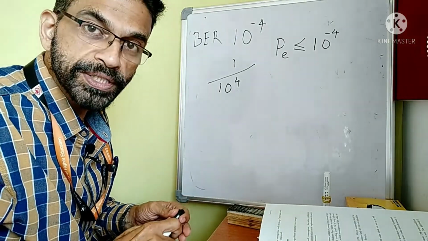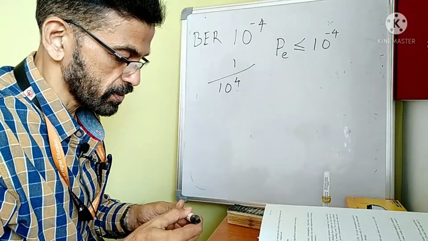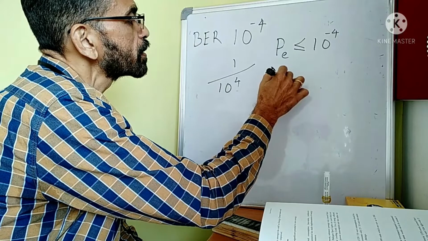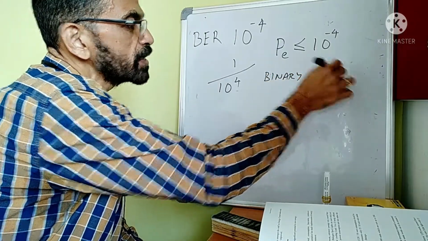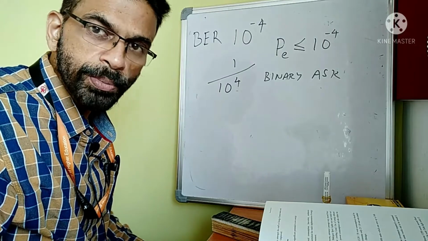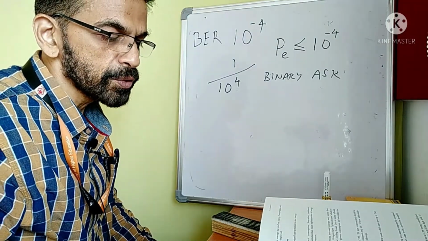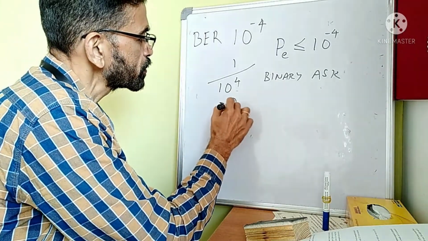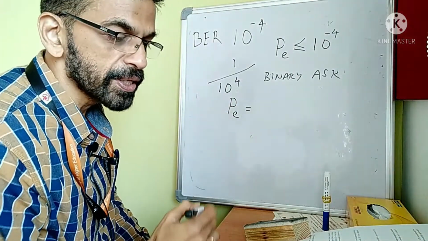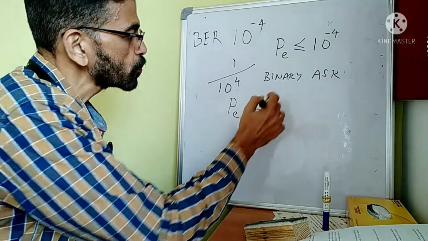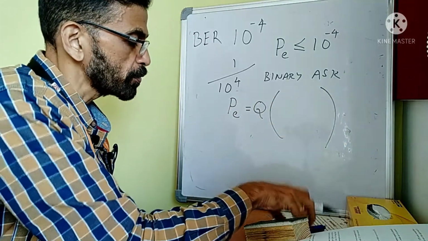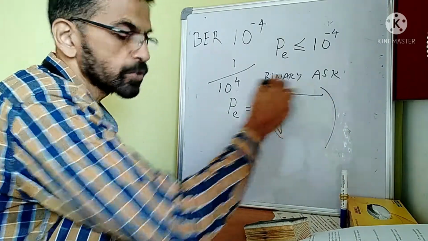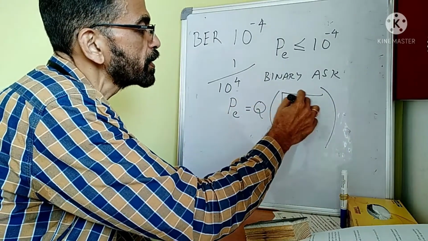And the binary modulation scheme under consideration is binary amplitude shift keying, as given in the problem statement. And we know that for binary amplitude shift keying, the probability of error is given by the expression Q of square root of EB by N naught.